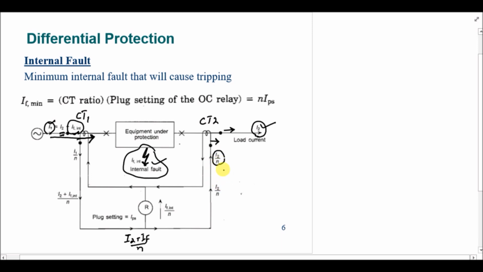So the current that should be entering this dot is I2 by N.